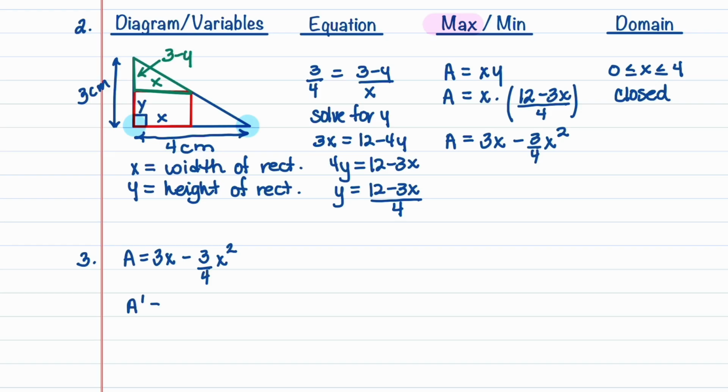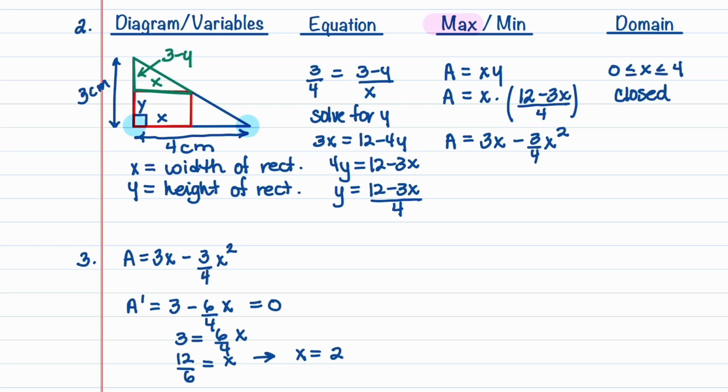A prime is equal to 3 minus 6 over 4 times x, and we're going to set that equal to 0. So we have 3 is equal to 6 over 4 times x. So this means that 12 over 6 is equal to x. So we can say that x is equal to 2, and we need units with this.